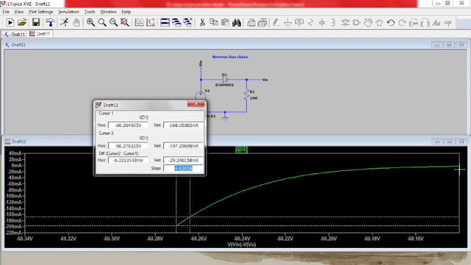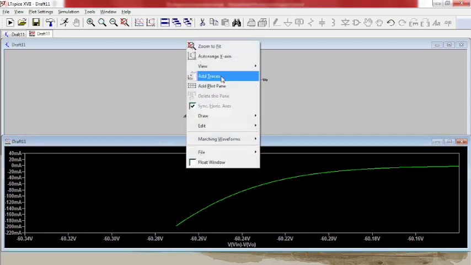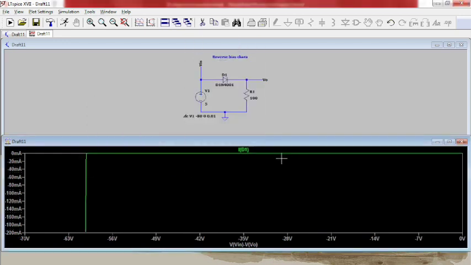Where it was 3 ohm, here it is 0.2 ohm. That means the dynamic resistance will always be lesser than the static resistance. So this is the reverse bias characteristics of the normal PN junction diode.